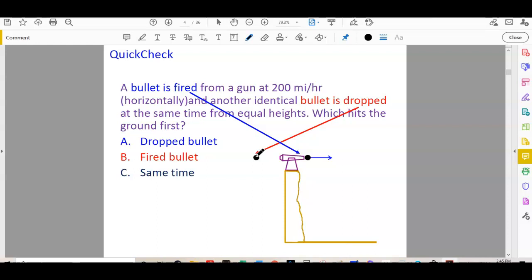Is it going to be the dropped bullet, the fired bullet, or the same time? I want you to also explain your reasoning. Think about the reason why you think things are the way they are. Was there an experience, or do you think there's something driving it, like an impetus force or something like that? Please pause the video and answer this question.